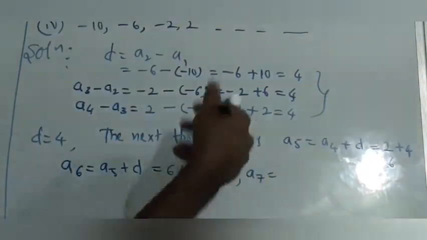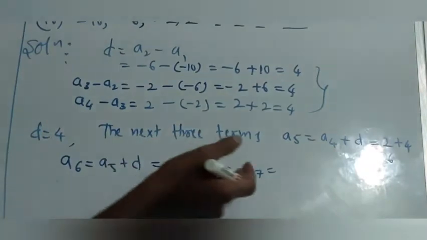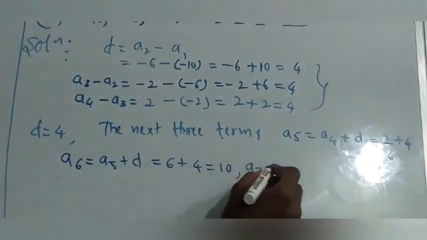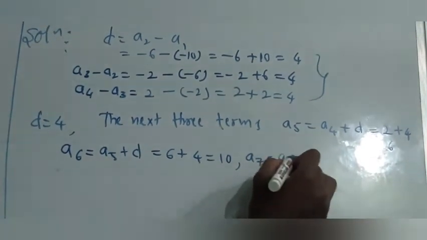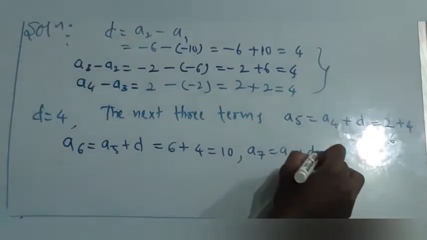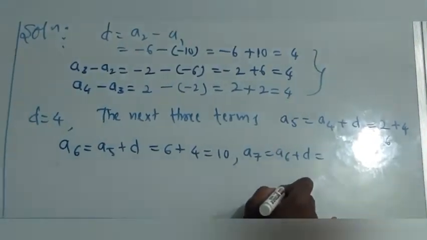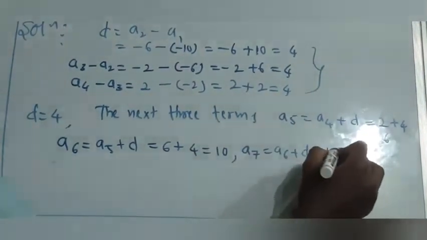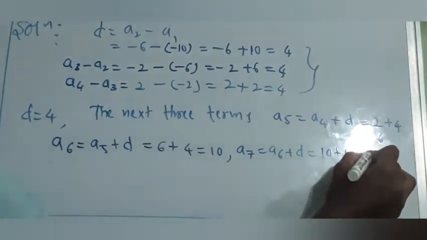Next A7. We need to find the next three terms, that is A5, A6 and A7. A7 is equal to A6 plus D, which is equal to, what is A6? That is 10 plus 4, which is equal to 14.